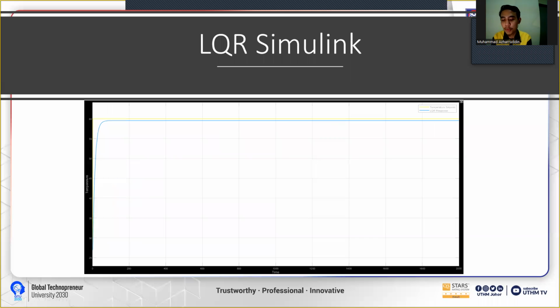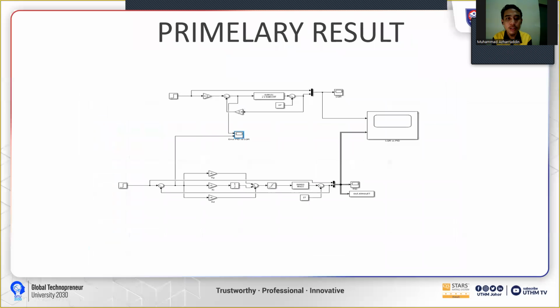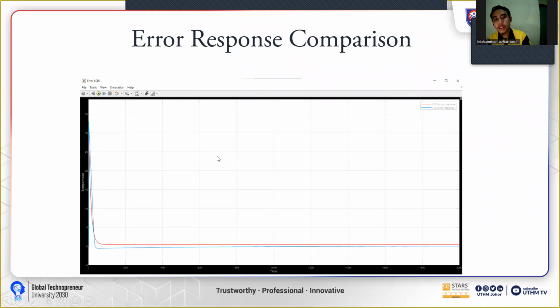With the same method as the PID, I also put a scope at the LQR and simulate, and then we get the graph for LQR in Simulink. For the error response, we take the values at here and at here, and then we compare the values.